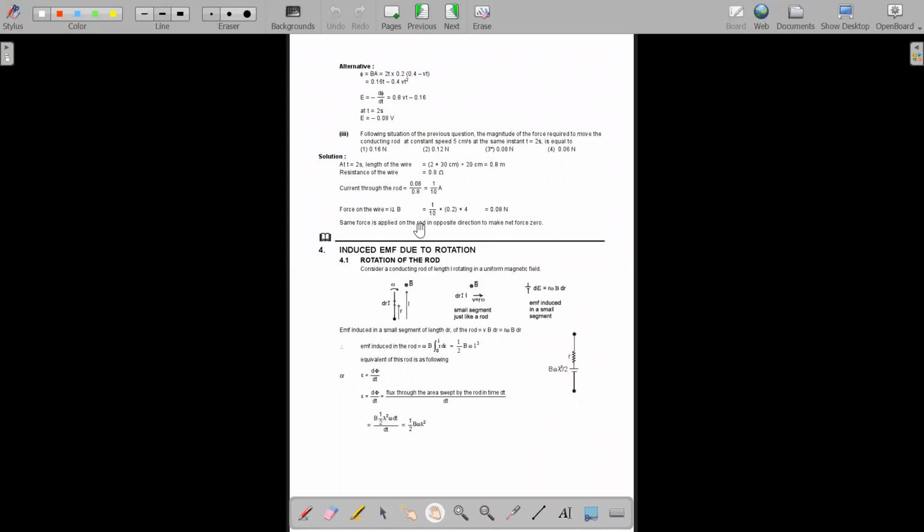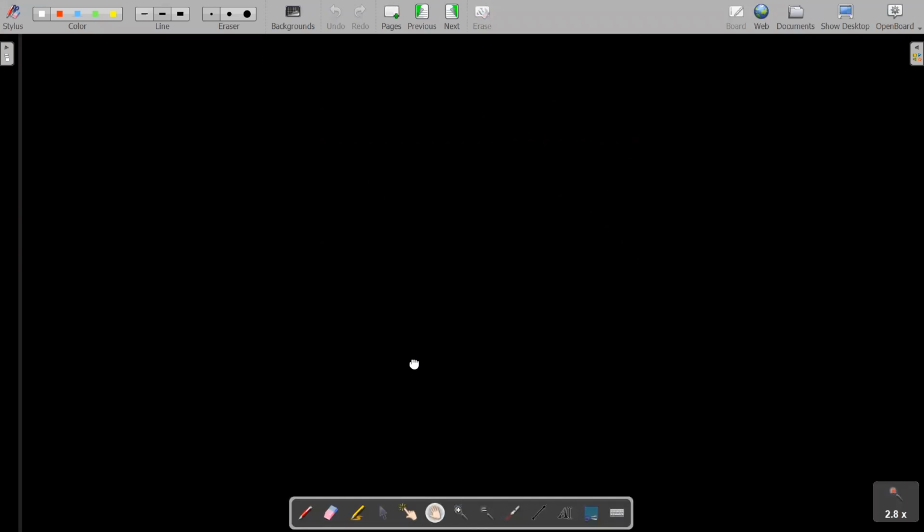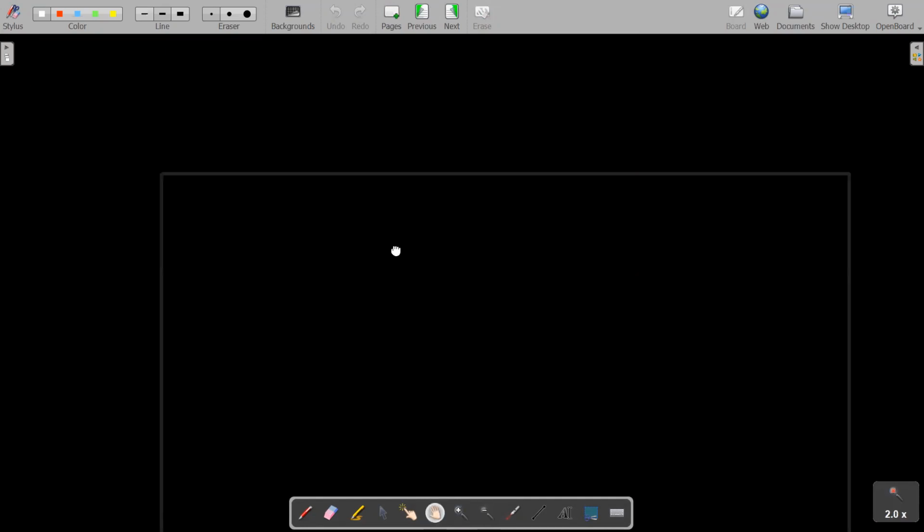Now we'll talk about EMF induced in rotation, students. See here, we have a circle. Let us say it is a circular conducting material, and this is the center which is fixed.